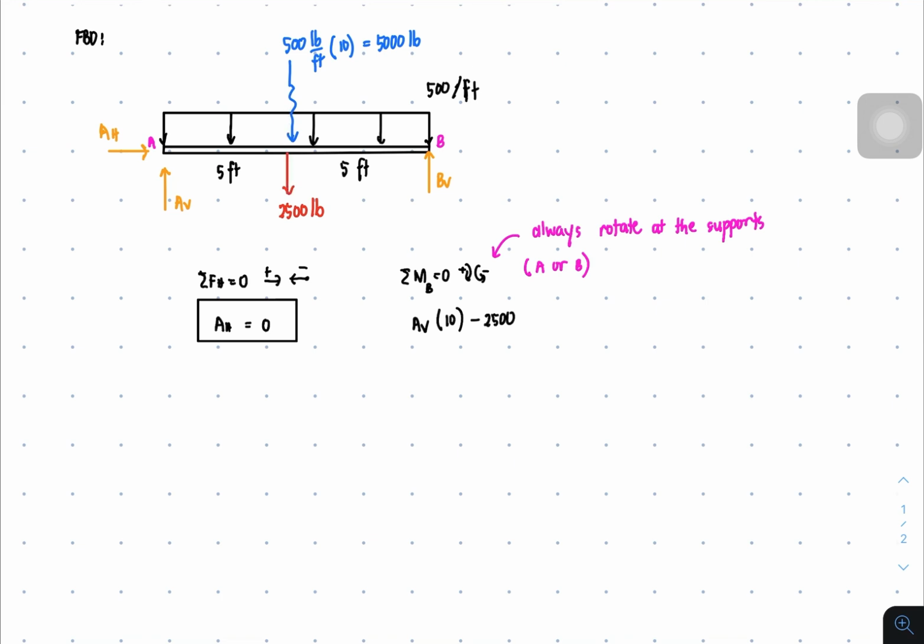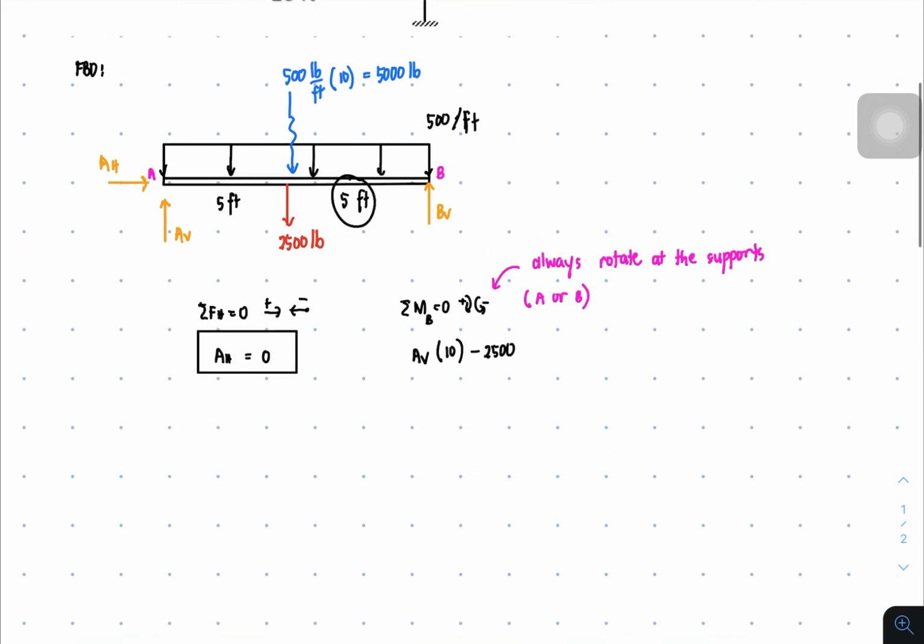The moment arm would be the distance between the two points, so it's 5. Next we have the 5,000 pounds, and it's negative because it's still going to rotate about point B counterclockwise, and you multiply it with 5, the moment arm, and that's equal to 0.